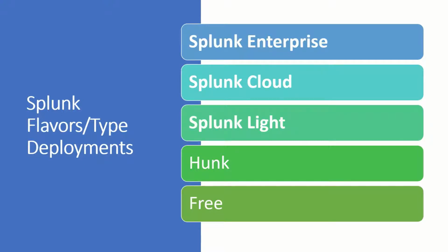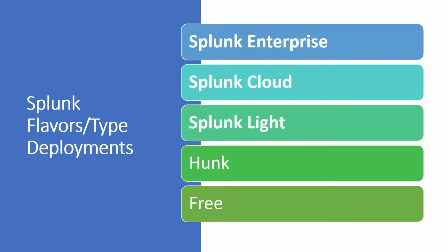So next one is Splunk Lite. It's very light, as the name suggests. It is generally used for a small organization where you need to ingest a handful of data to Splunk and work around it. So it's a very limited version of Splunk.